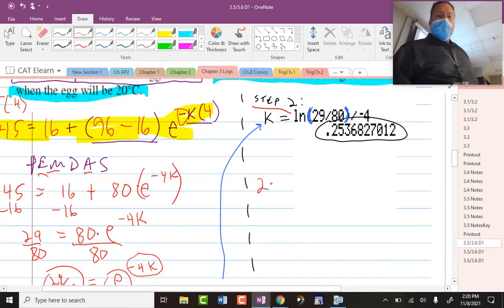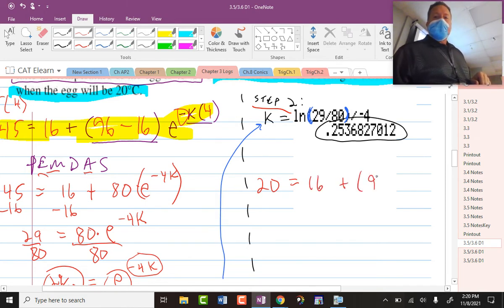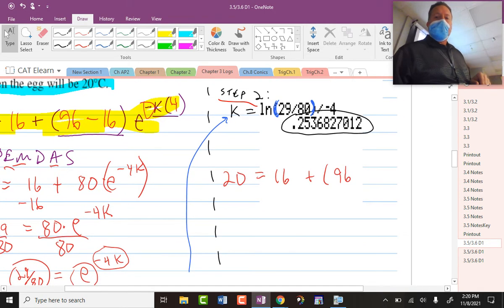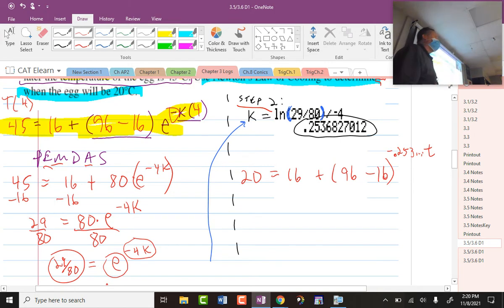So now my new temperature that I'm looking for is how long does it take to get to 20 degrees? You are still surrounded by 16 degrees Celsius. You still started at 96 because I'm going all the way back to the original. But now you have this negative 0.2536, and it's T that I'm going to find now.